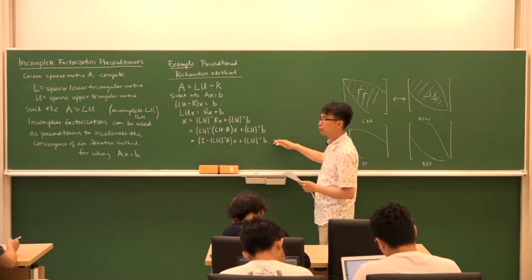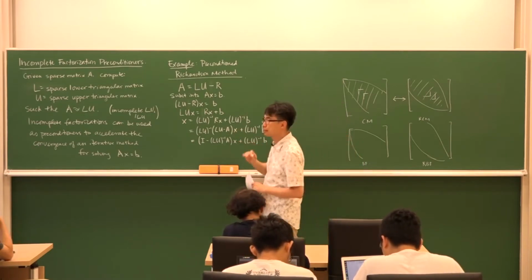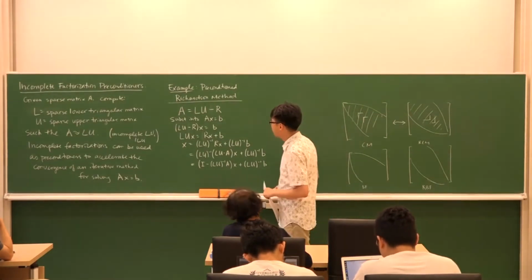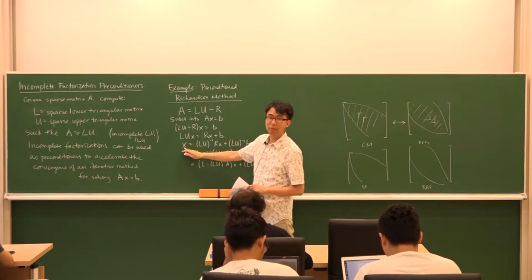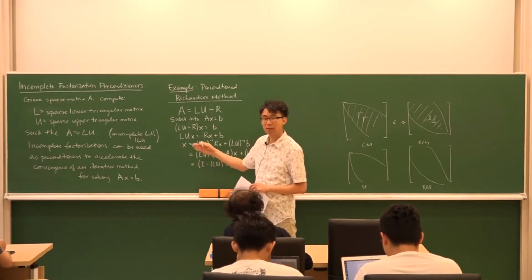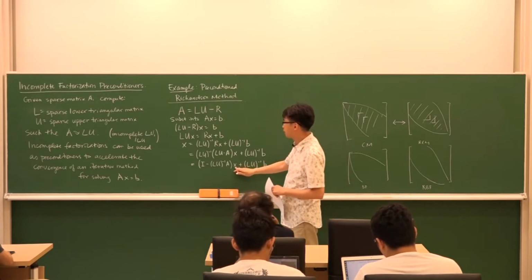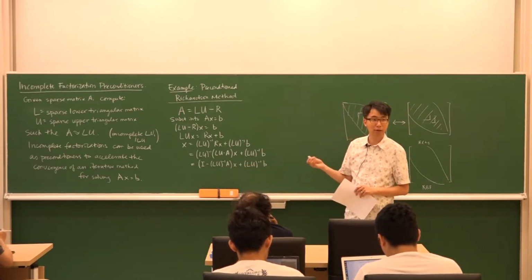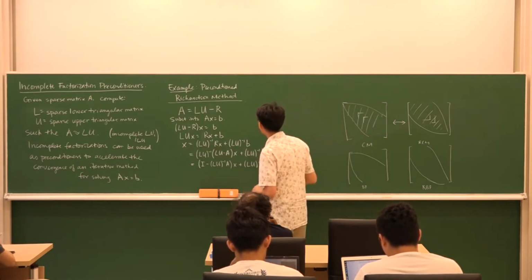And from this equation, we can try to define a method, an iterative method. We have x on both sides. So we could think of defining a method by calling this x at k plus 1, some approximation at the k plus first step, and this an approximation at the kth step. So starting with an initial approximation x0, we can use this iteration to come up with a better approximation.